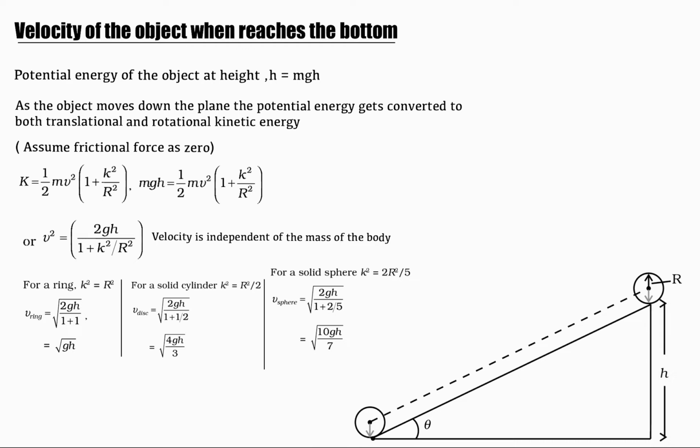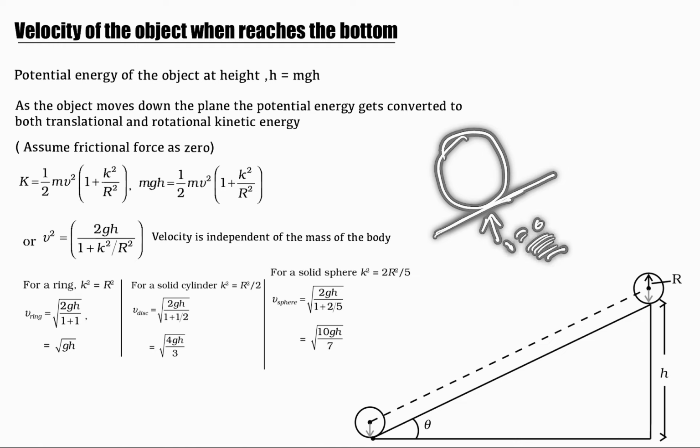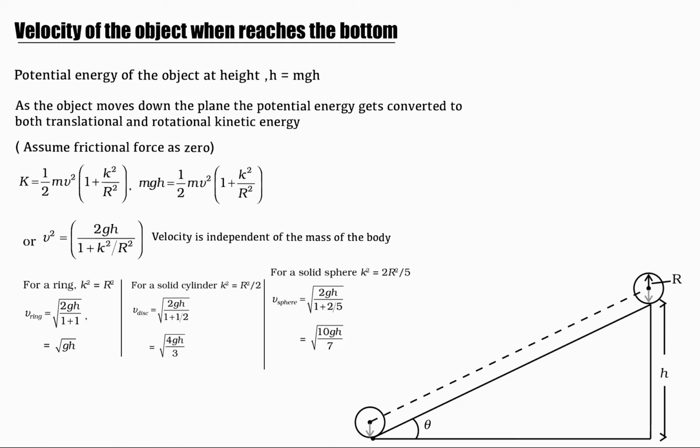We have discussed that the object will have a relative velocity equal to 0, so we can write VCM is equal to r omega. There will not be any relative motion between the object and the surface.